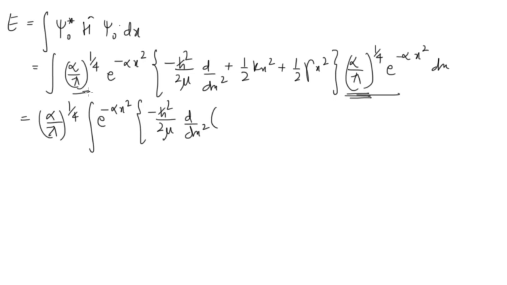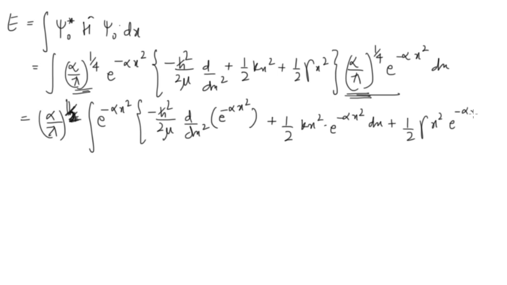So this can be multiplied with this, and the power will now become 1 by 2 because it's 1 by 4 two times. So now it will be power 1 by 2, and I just have to multiply with e to the power minus alpha x square. So I just have to multiply with this plus half kx square into e to the power minus alpha x square dx, and plus the gamma term with e to the power minus alpha x square dx.